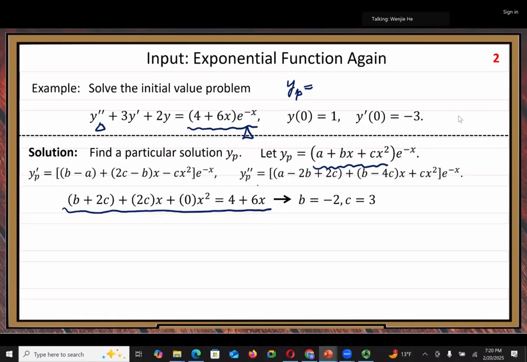You compare the x squared coefficients, that should be 0. Then you compare the coefficient of the x term, 2c equals 6, c equals 3. Then the constant coefficient on both sides, then you get a and b.